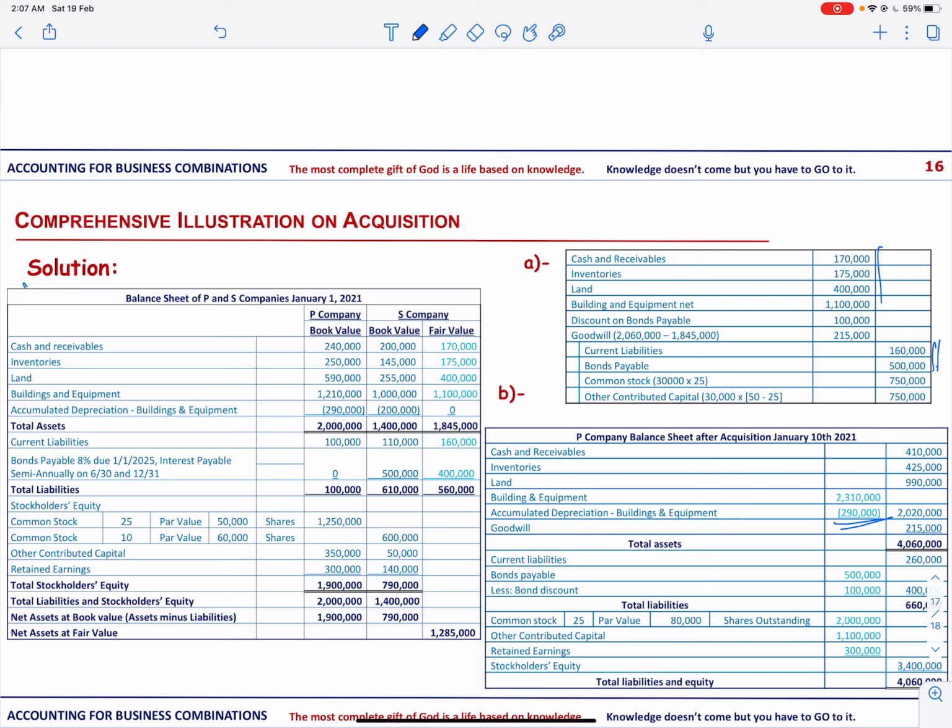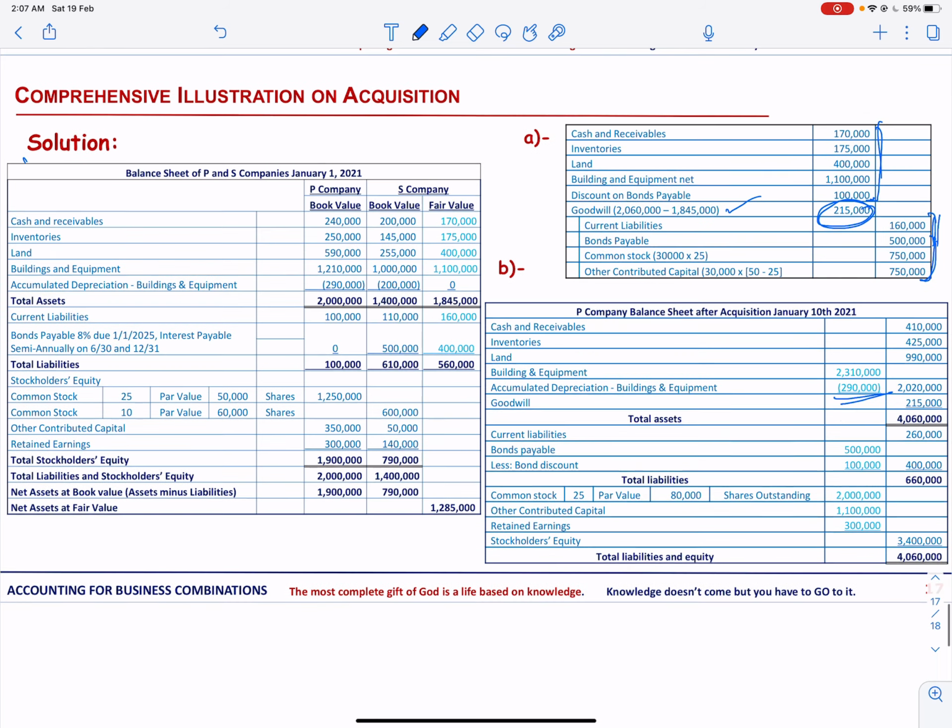After all assets and liabilities have been recorded at their fair value, an excess results. In this case, we make the total of our liabilities and common stock, and we make a total of our assets including the bonds payable. We get the net value of 215,000, and this is the amount of goodwill.